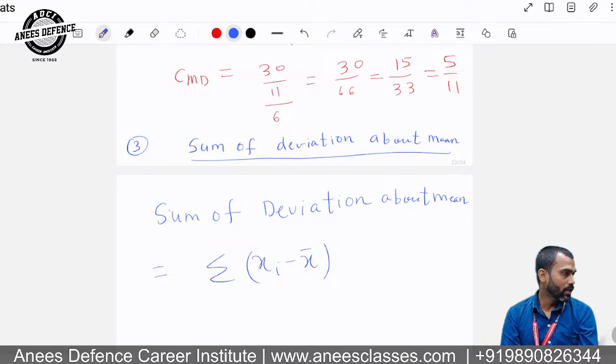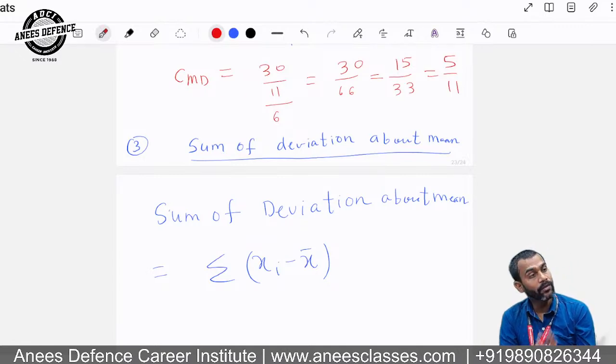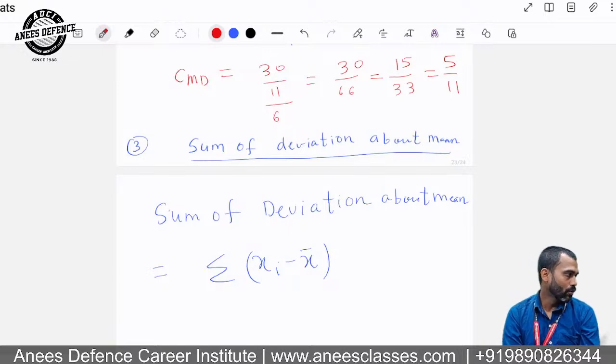No mod. Mod is not there. Yes or no? Deviation means xi minus x bar difference. You don't have to find the absolute difference. You have to just subtract every observation, or we have to subtract mean from every observation. Yes or no? And then we have to add, the algebraic sum, we can say.